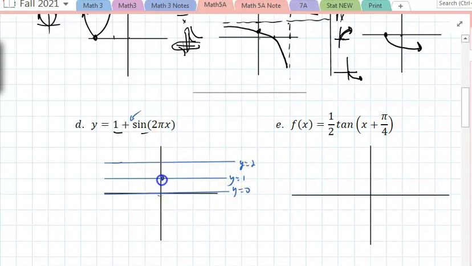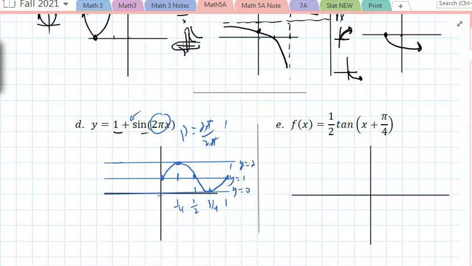A sine wave starts at the origin, goes up to the amplitude, and back to the starting point. Now comes the labeling. The period is 2 pi divided by 2 pi, so that makes it a 1. This is 1/4 of the period, so that's 1/4, 2/4, 3/4, and 4/4. So that's pretty much it.